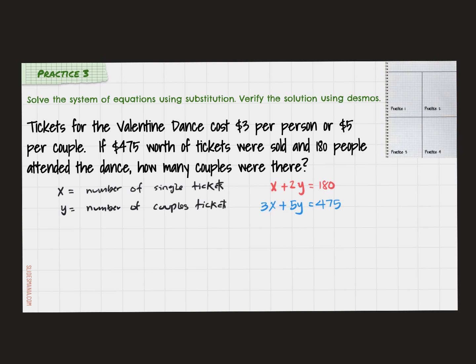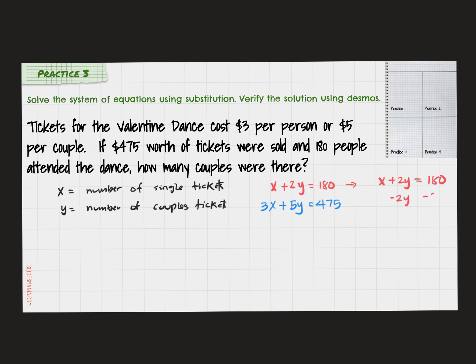Okay, so now that I have my two equations, I do notice that the one in red, I can actually solve for y or I can solve for x. The easier one would be to solve for x. So I have x plus 2y is equal to 180.